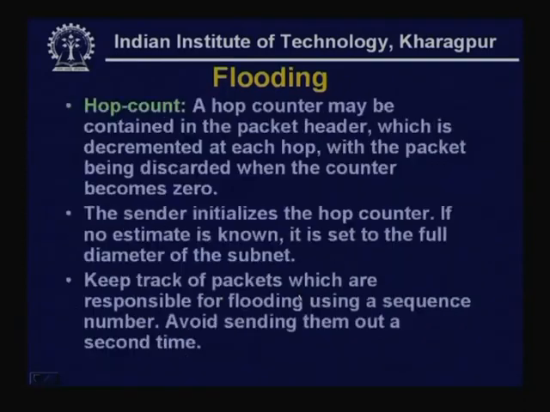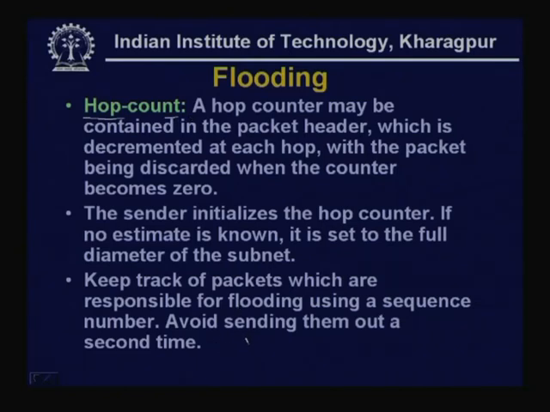So, to overcome that, what has to be done? We have to take some measure such that the number of packets does not increase in an unbounded manner. It does not increase alarmingly. How can it be done? One important technique that is used is known as hop count. Hop count is a technique that is used in some situations.